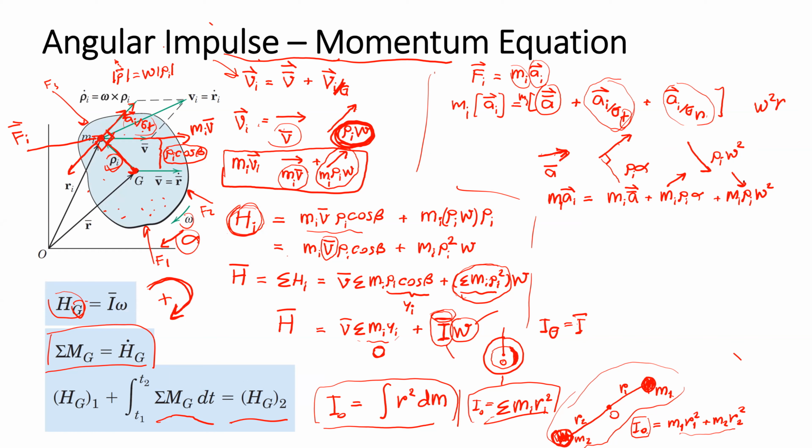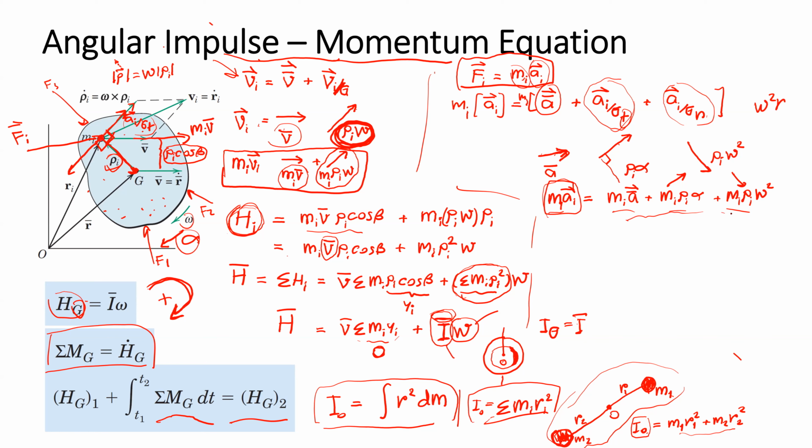This is the force vector that should be applied on a small particle, so that we have the mass multiplied by the acceleration vector. The force applied on a small particle should be formed from this relationship.